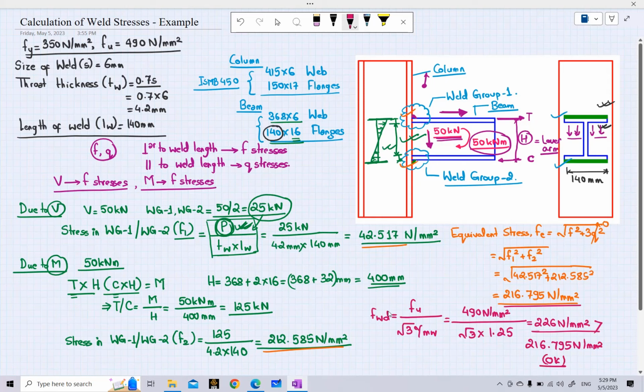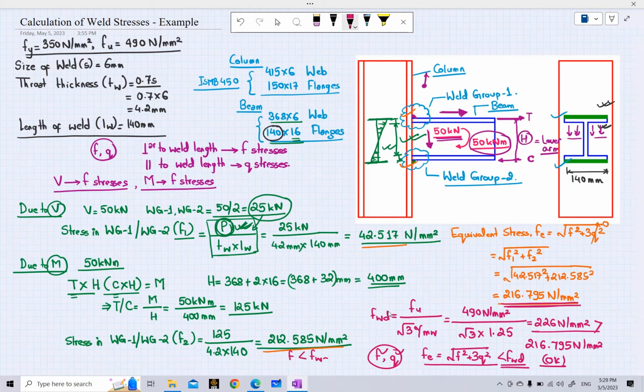And remember, the equivalent stress that we have calculated is not the only check. Suppose we have a condition in which the stresses acting in the weld are both F stress and Q stress, and using this F and Q stress we calculate the equivalent stress as the square root of F square plus 3Q square. Then not only should this equivalent stress be less than FWD or the design stress, these two stresses F and Q should also individually be less than the design stress.